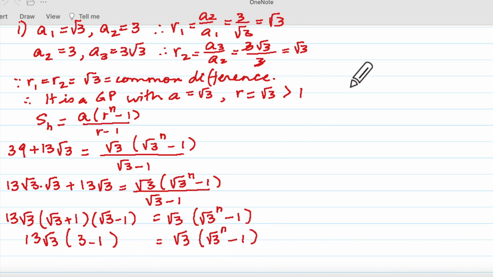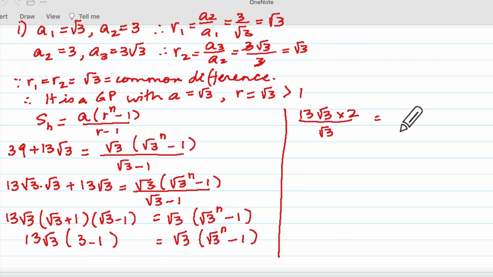Okay, so this will give us 13 root 3 multiplied by 2. And then let us bring this root 3 that side. So in the right hand side, we will have root 3 to the power n minus 1. So root 3 got cancelled. We have 26, bring this one this side. That is equal to root 3 to the power n.